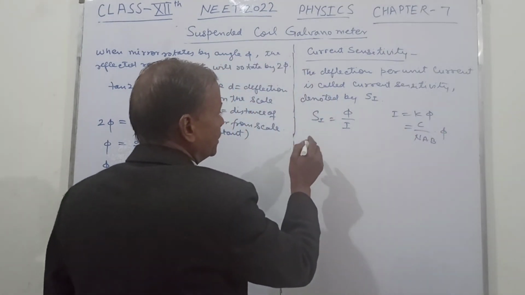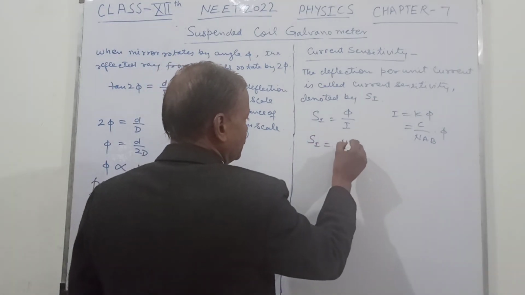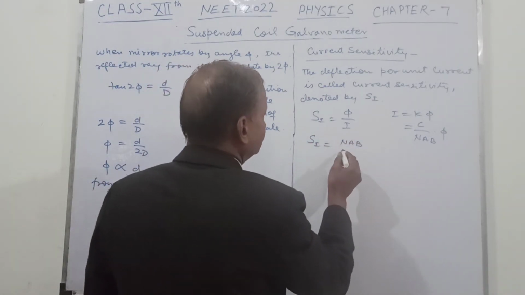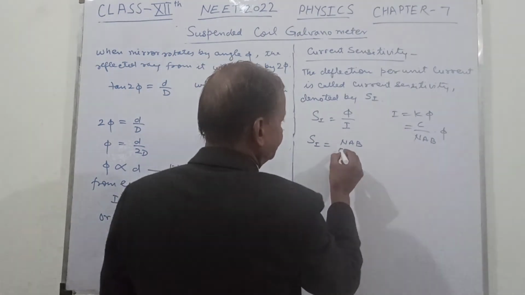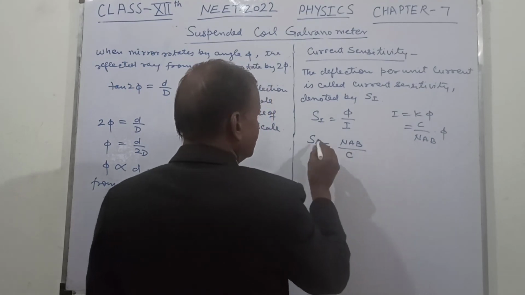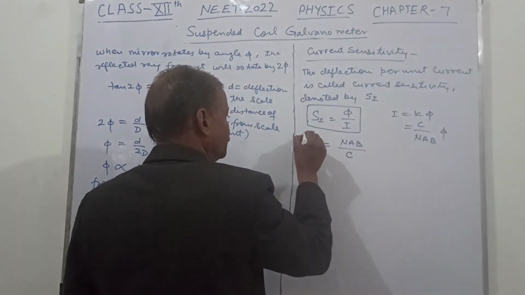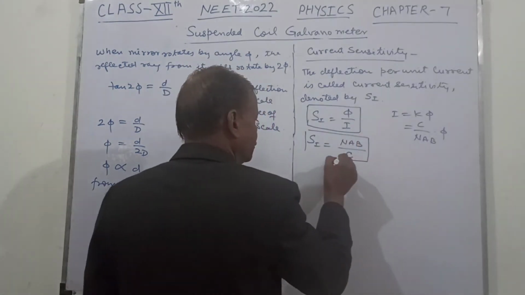So phi upon I, that is SI, is equal to NAB upon C. This is the definition of current sensitivity.